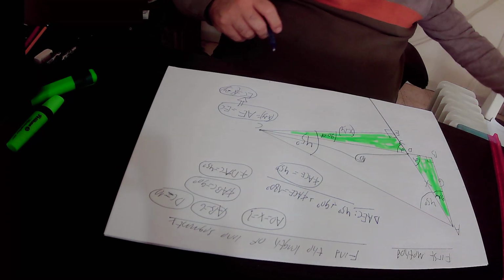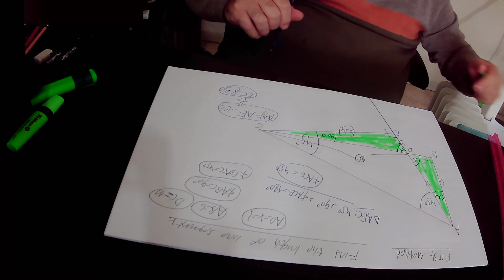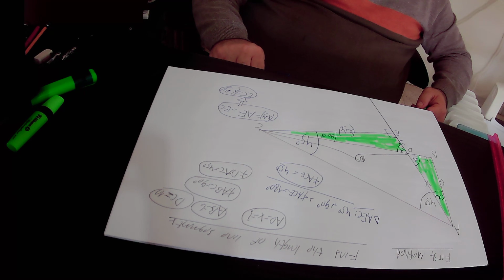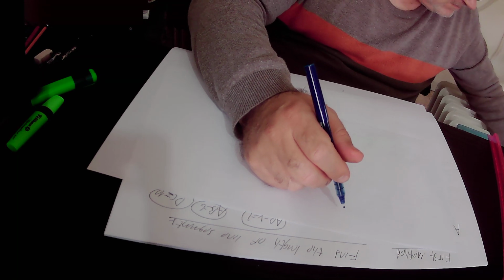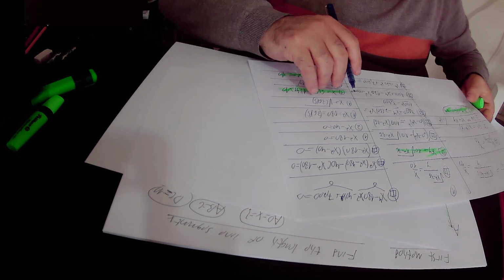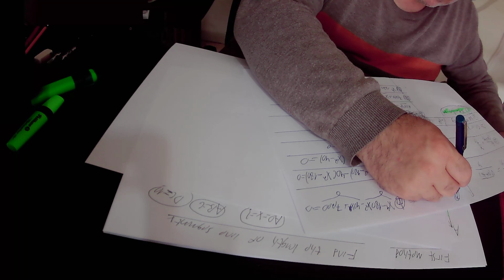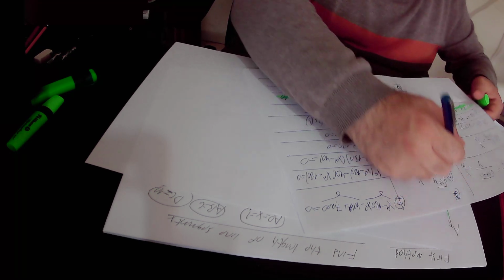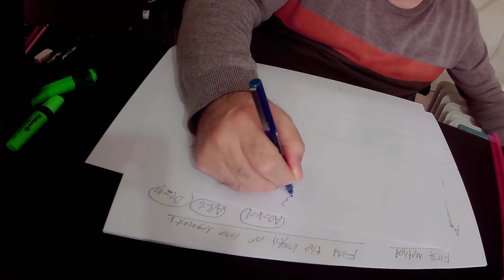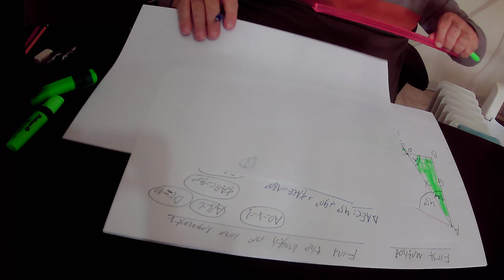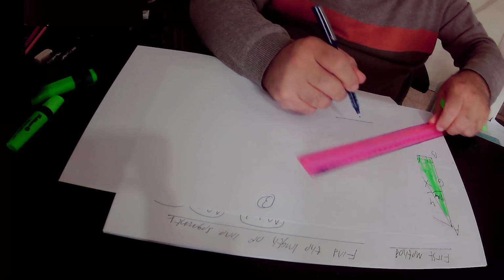In the next step, I will copy triangle ABD and triangle ADC to a new page, and we will analyze those two triangles in order to find out which solution is correct according to the drawing. Okay. So we have right triangle ABD.